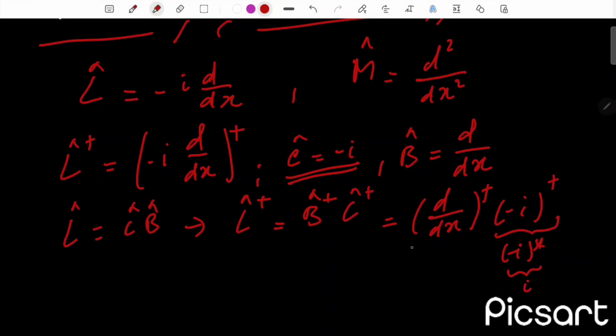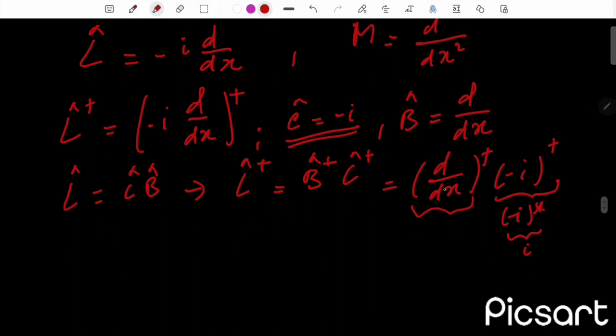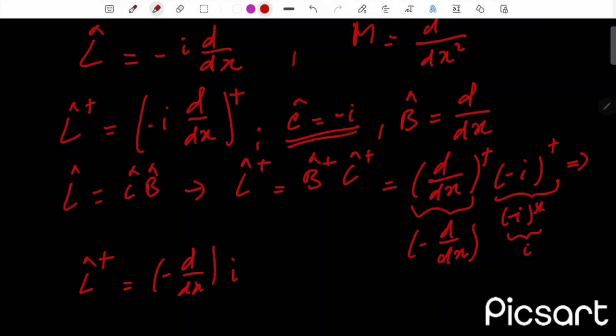On the other hand, we showed that the conjugate operator of d over dx is equal to minus d over dx, and then we have L dagger equal to minus d over dx times i.